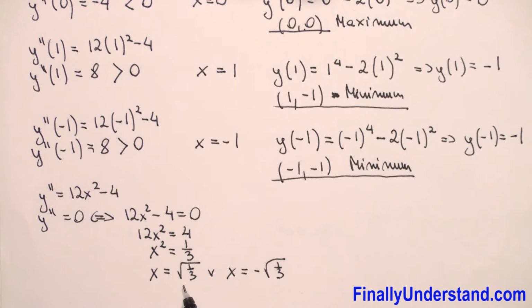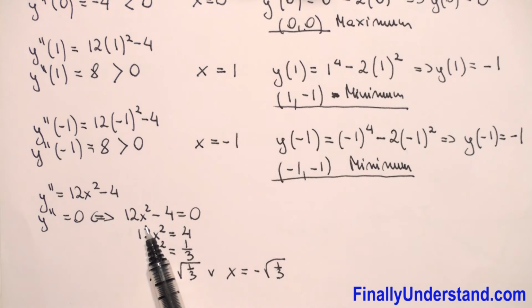Now we have to check if, in a small distance from these two points, our second derivative changes sign. To find this, the easiest way in my opinion is to draw the graph of the second derivative function.